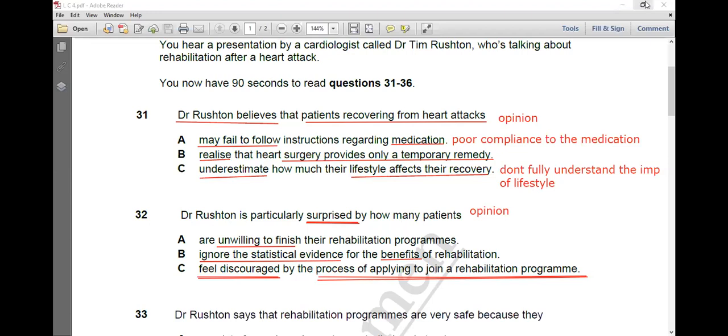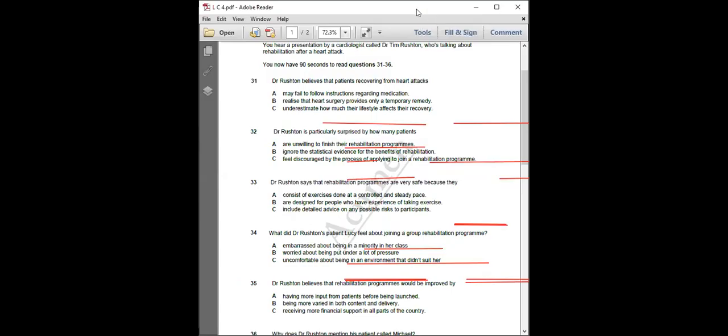Right? Now, what I would do is I would get both the questions as well as the transcript for you so that it helps you understand.